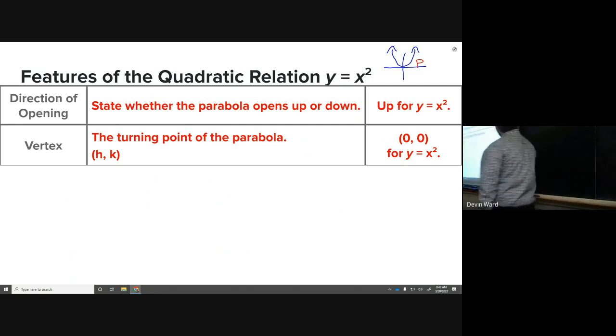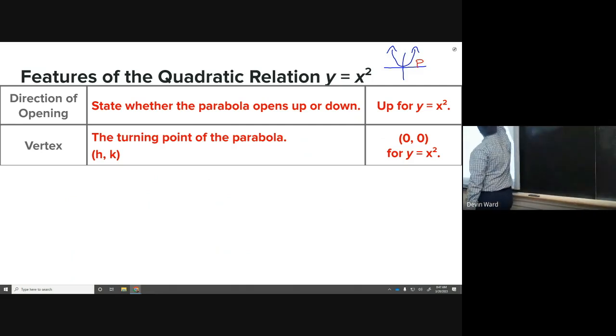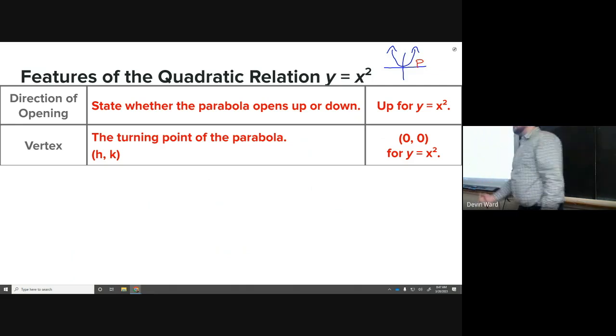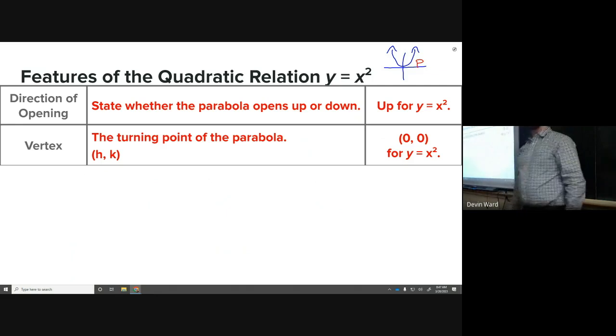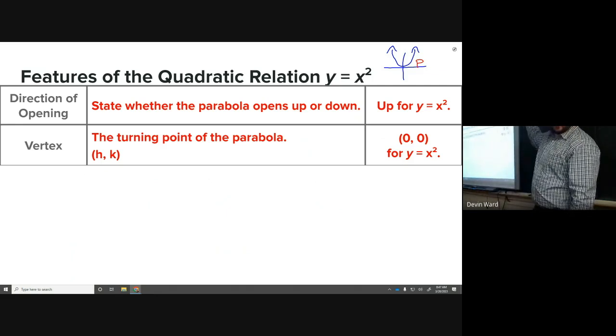What I mean by turning point is when it comes down, it stops at 0, 0, and then goes back up. That's where it turns. For this one here, it's going up and then it stops here and goes down.